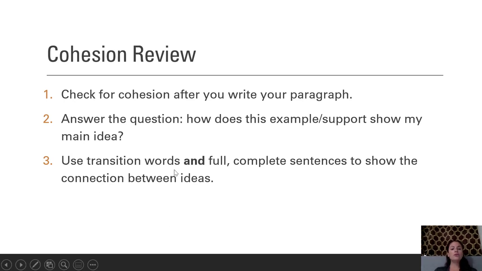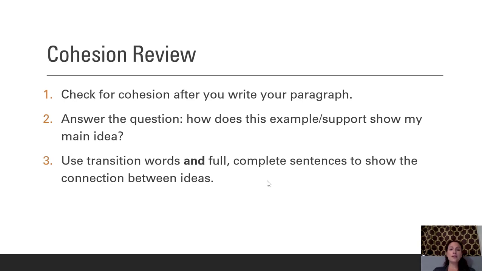Number 3, use transition words and full complete sentences to show the connection. A common mistake I see is a lot of students just add tons of transition words. They add a transition word before every sentence. That does not make your writing cohesive. You want to use some transition words, but not too many, or it gets confusing.